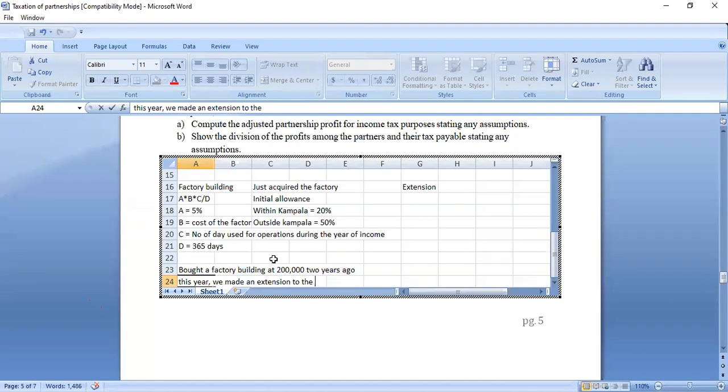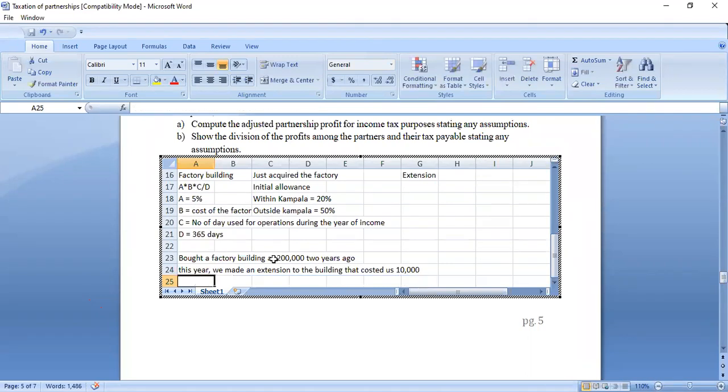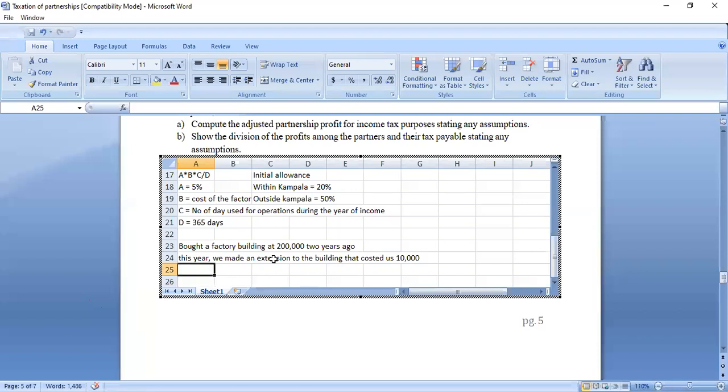The building extension cost us maybe 107,000. Okay, assuming these figures are in millions, calculate the wear and tear or depreciation, whatever they say.